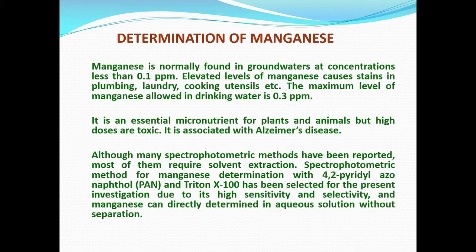Earlier I have explained this type of reaction whenever we did it with precipitation stabilization. Sometimes we have used polyvinyl alcohol, sometimes we have used gelatin, and now I am proposing that we use Triton X100 for the present investigation.